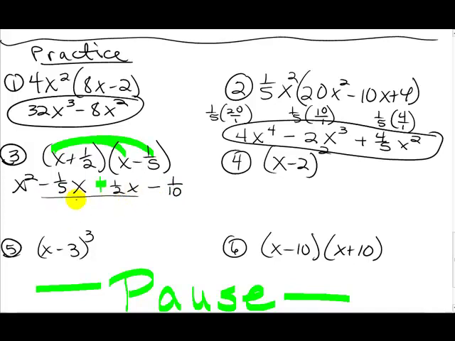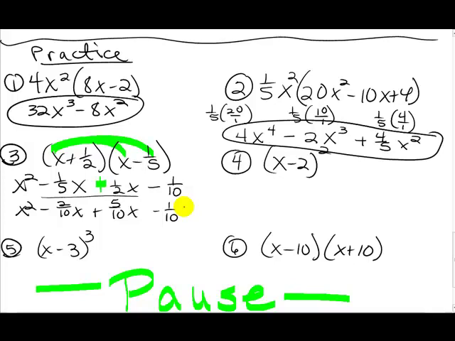Now these are like terms because they have the same variable, but I'm adding fractions, so I need a common denominator. I'm going to use 10. We're going to end up with x squared minus 2/10 x plus 5/10 x. Didn't leave quite enough room here for the answer.